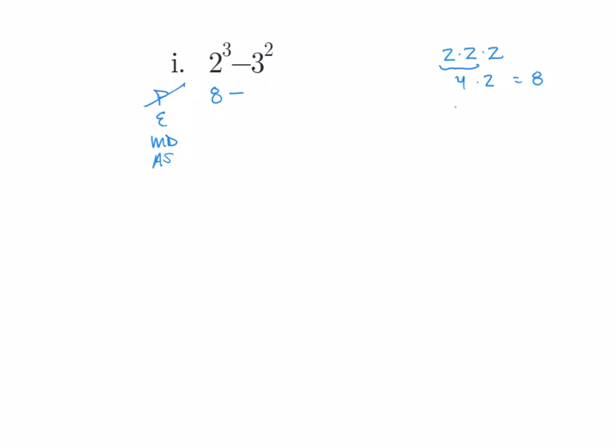Minus 3 times 3 is 9. Takes care of our exponents. We don't have any multiply or divide, and so we are left with our additions and subtractions. So +8 and -9 have different signs. We're going to subtract, keep the sign of the larger number, and we get -1.